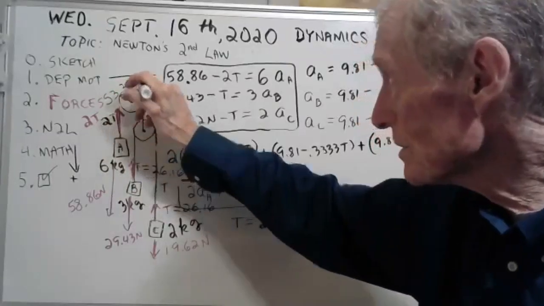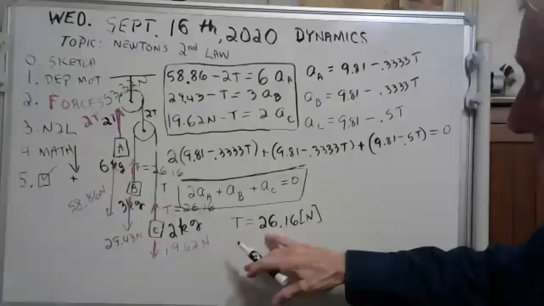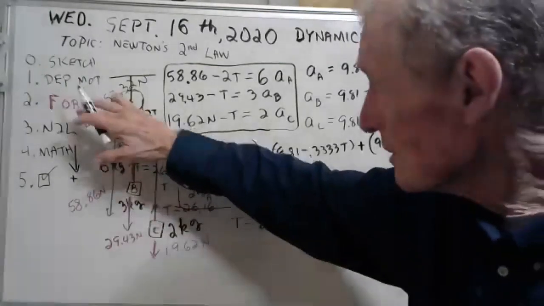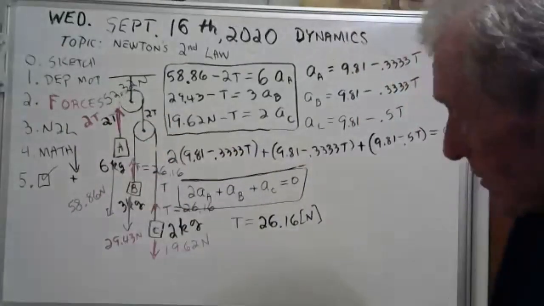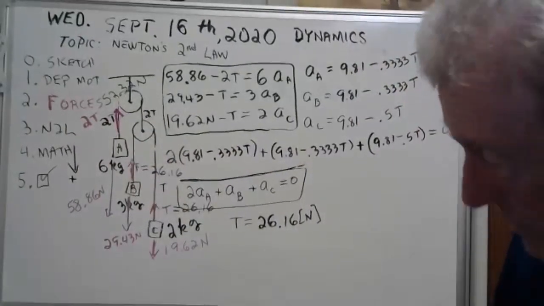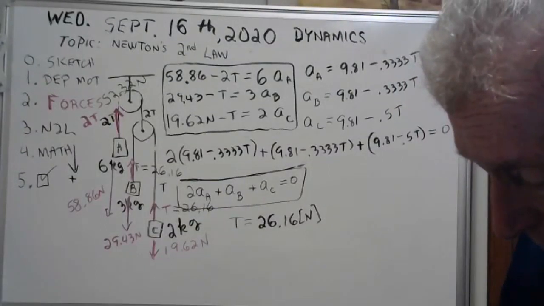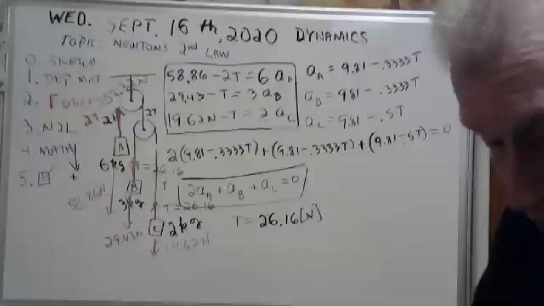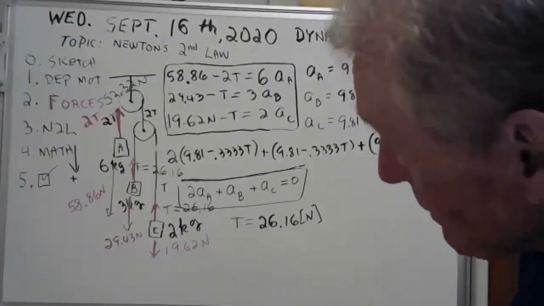When you double that, do you get 53 point? I don't think so. No, it's 52. Let me do it on the calculator. I don't trust my ability to multiply by 2. 52.32, there we go.